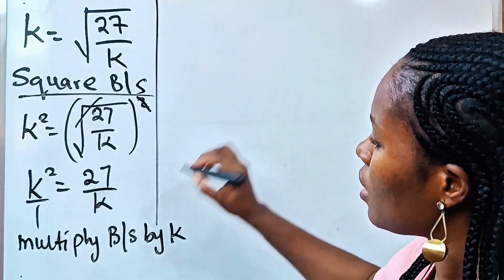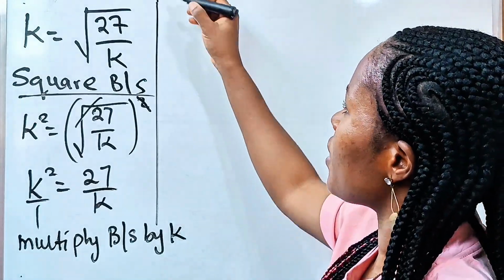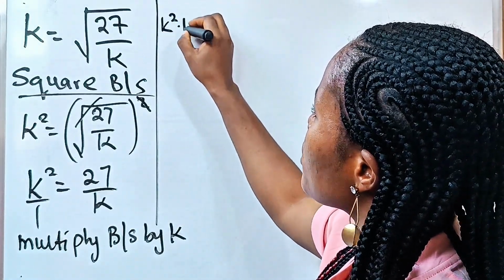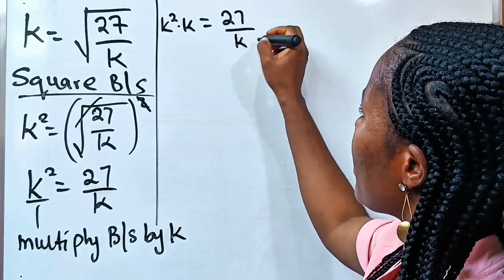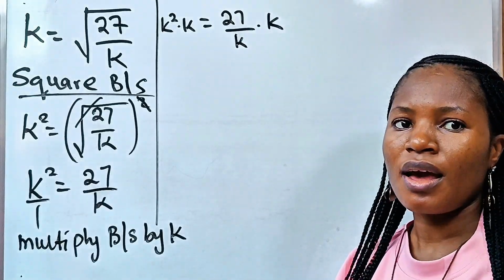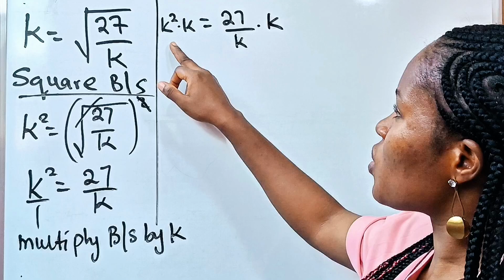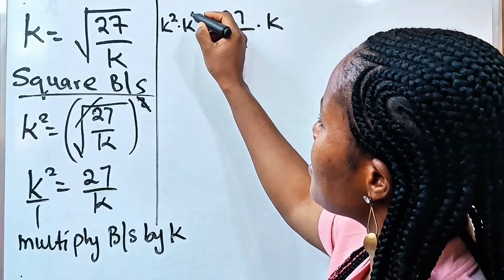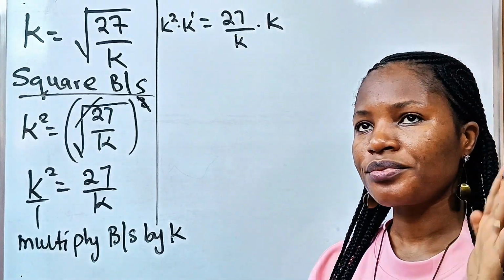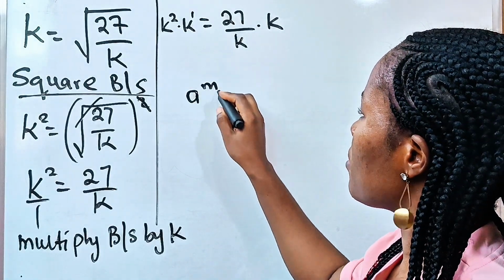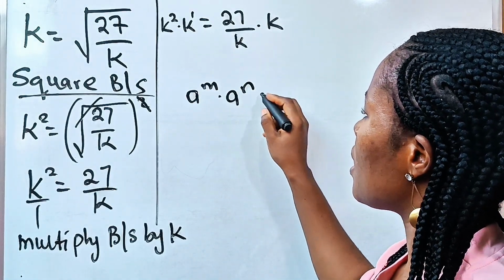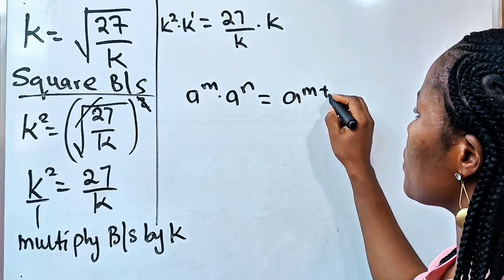If we do that, we are going to have k to the power of 2 multiplied by k is equal to 27 divided by k multiplied by k as well. Now, k squared multiplied by k, know that this is the same thing as k to the power of 3. According to the law of exponents, when you have a to the power of m multiplied by a to the power of n, this equals a to the power of m plus n.